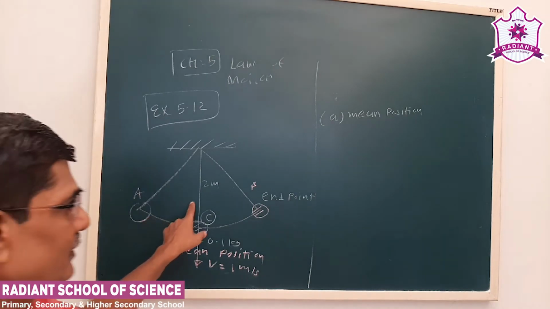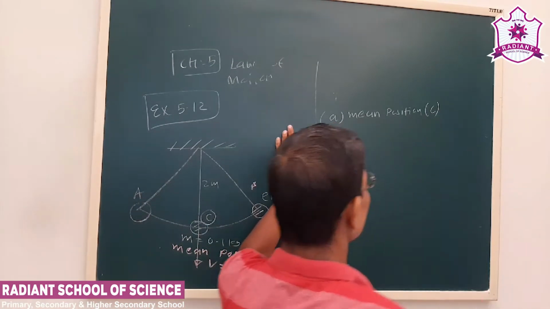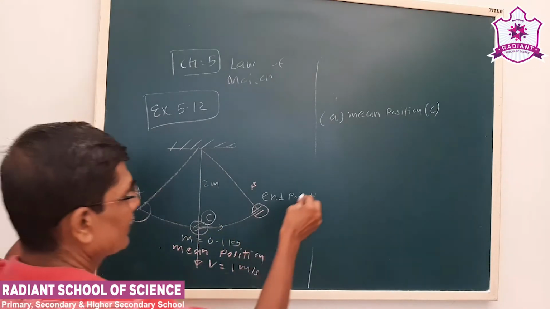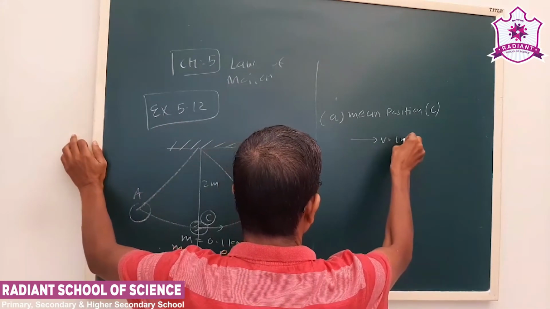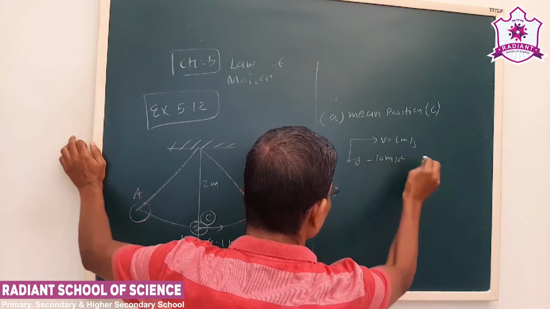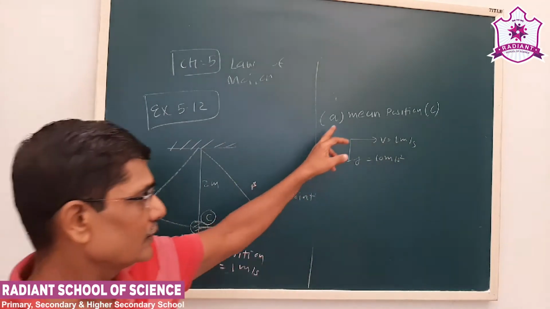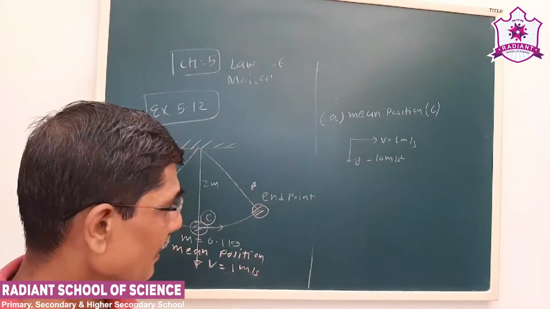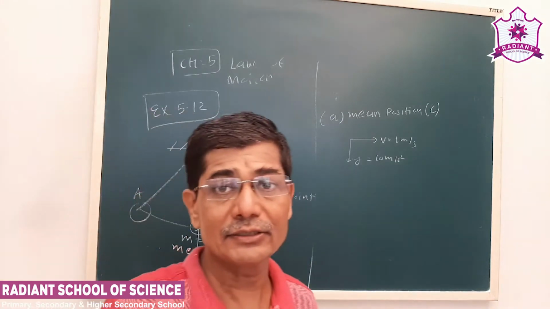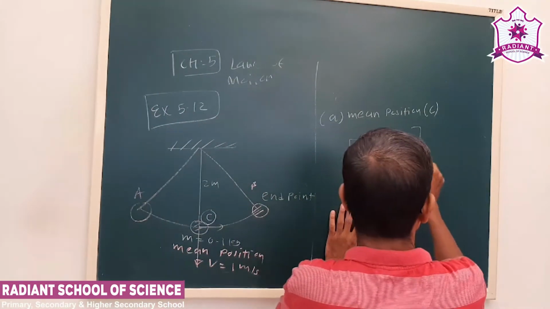At the mean position it has a constant horizontal velocity of 1 meter per second, and the gravitational acceleration is 10 meters per second squared. This is a motion with a constant horizontal velocity and constant vertical acceleration. That is the characteristic of projectile motion.